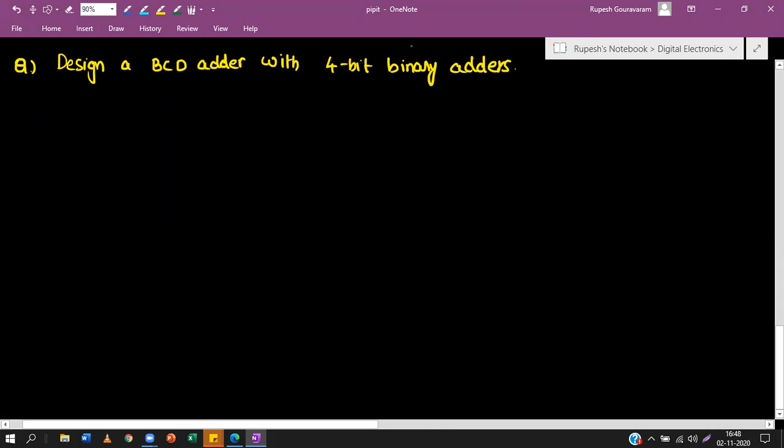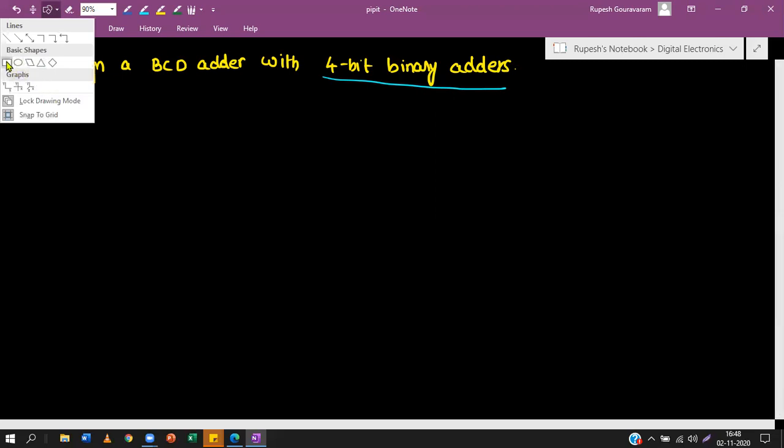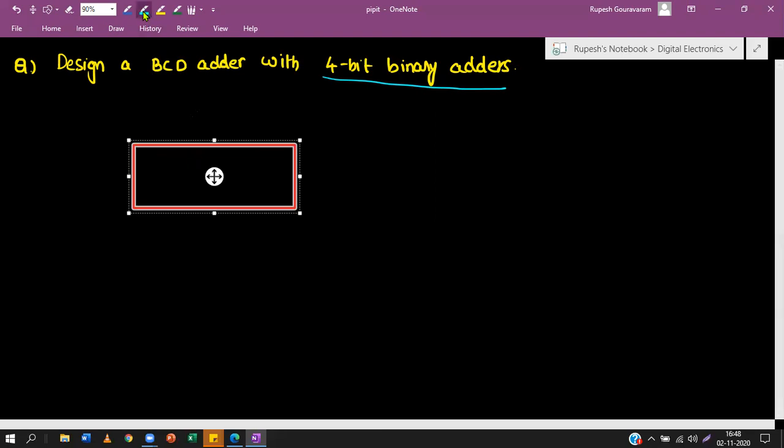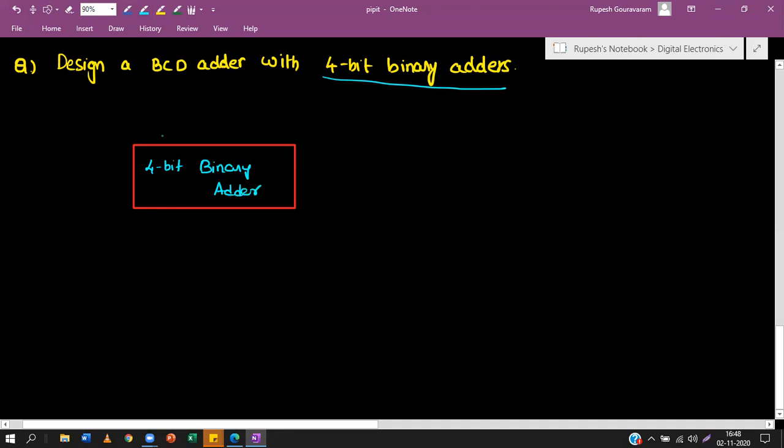Now, in a 4-bit binary adder, there will be two 4-bit numbers. So this is a 4-bit binary adder. Here, the first 4 bits are here, 1, 2, 3, 4, and the next 4 bits are here.